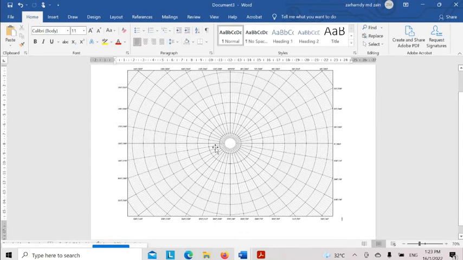Katalah kita anggap kalau kita come up with 0.25, 0.5, 0.75, 1, 1.25, 1.5, 1.75, 2.